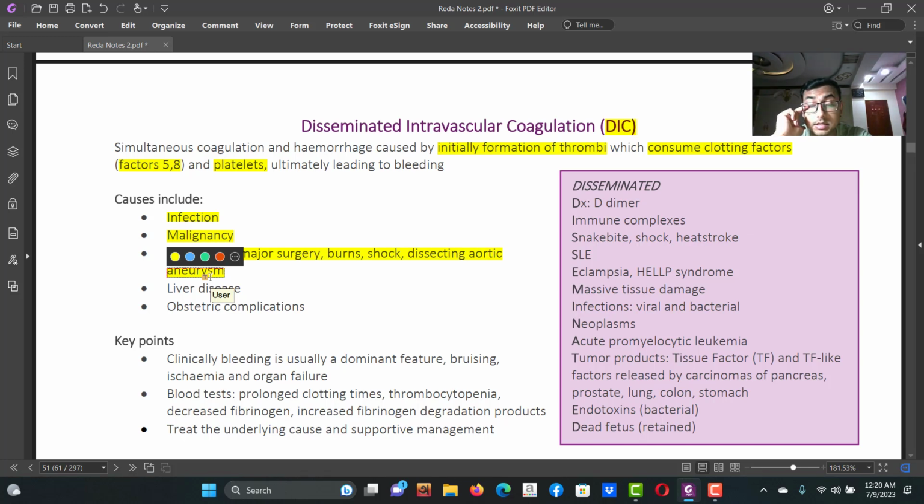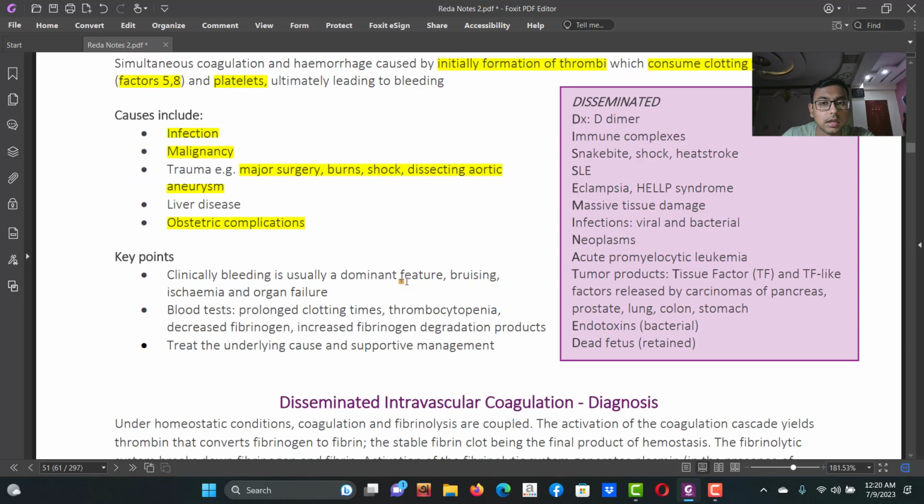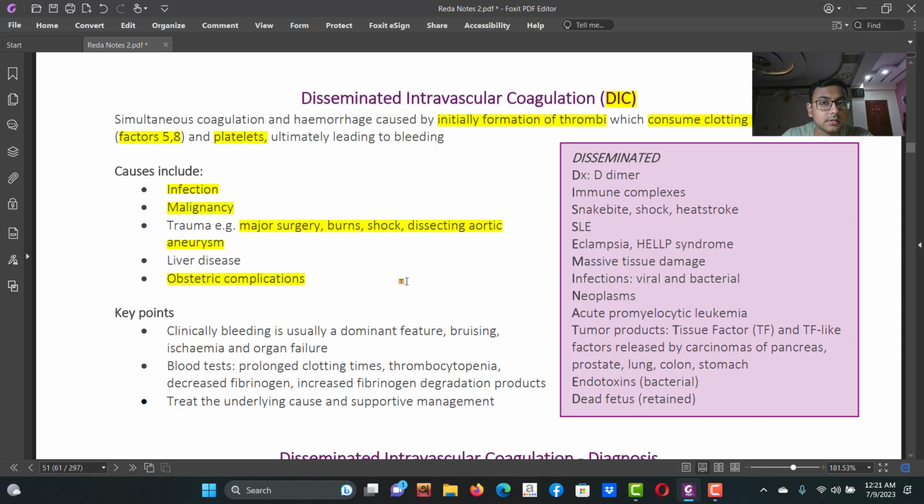Aortic dissection is not that common in our continent, but it's very common in the Western world, because dissecting or ruptured aneurysm happens due to overuse of alcohol. Then there may be lung disease and obstructive complications, which are more common in our country, and women are dying every day due to the fate of DIC.